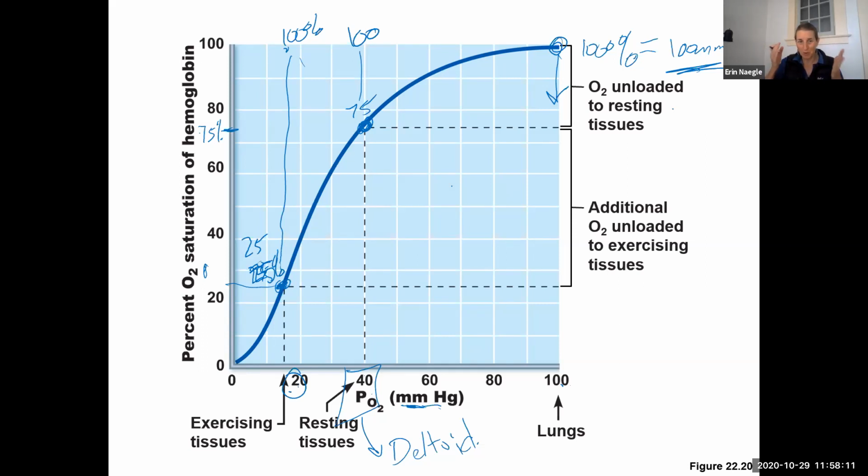Basically, what this means for you is as you exercise, this curve is really steep in this area, which allows you to maintain most of your oxygen in your blood when you don't need much oxygen, when the oxygen demand isn't very high from your tissues. But as that oxygen demand increases, then you dump a lot more oxygen into your cells. All right.